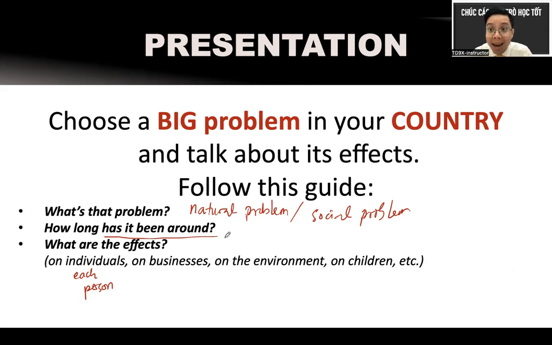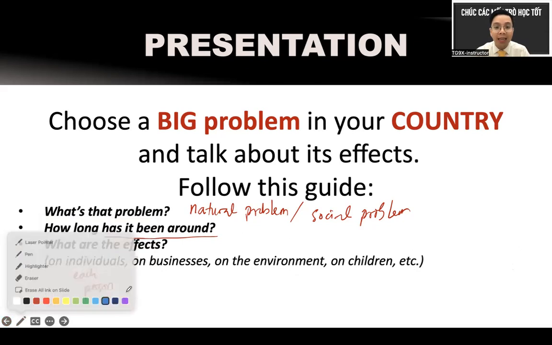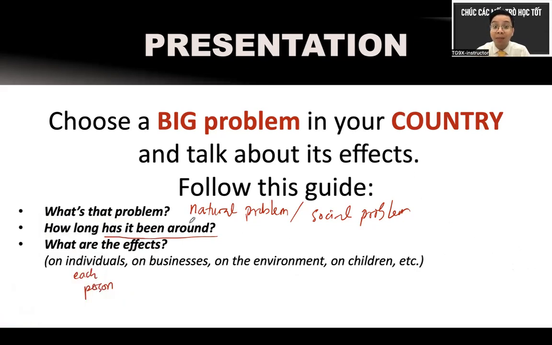Please make the effect specific. And now to help you, let's brainstorm some natural problems and social problems that you know. Now, class, turn on your mics and have a little brainstorm before we discuss in our rooms.